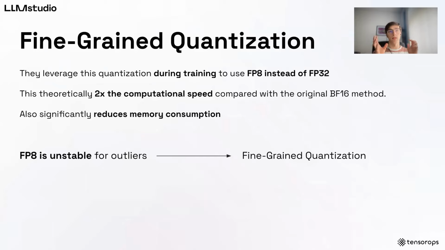So they do this in smaller tiles, as they call them, smaller batches, where they quantize here, they quantize there, they quantize there. This way they get more accuracy with their quantization and more stability to outliers. This is the overall idea; it's not exactly accurate. I greatly simplified it just to make it easier.